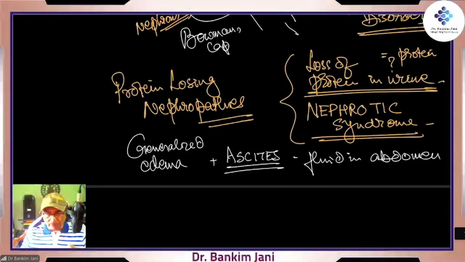So much fluid will be pushing the diaphragm up that the person won't be able to breathe properly. When the person can't breathe properly, it generates so much pressure on the heart. The heart is taking the load, and it is so compromised that it won't be able to pump properly. You'll find that the systolic pressure is falling. When the systolic pressure is falling, that leads to decreased perfusion to the brain.